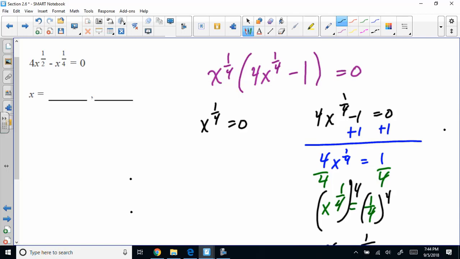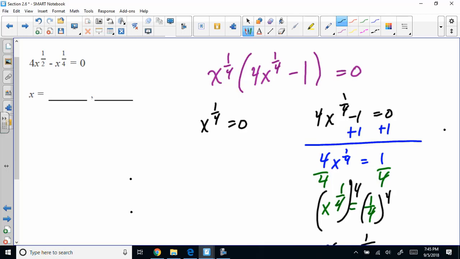Let me show you what she's doing. She said this. She just raised everything to the what? Fourth, which basically said, okay, 4 to the fourth is how much?